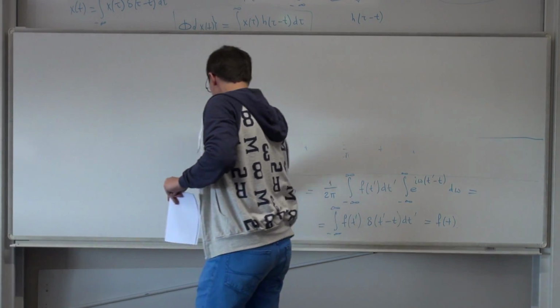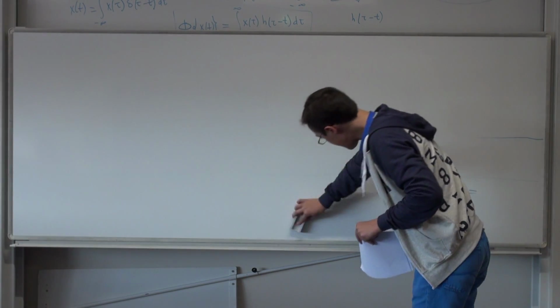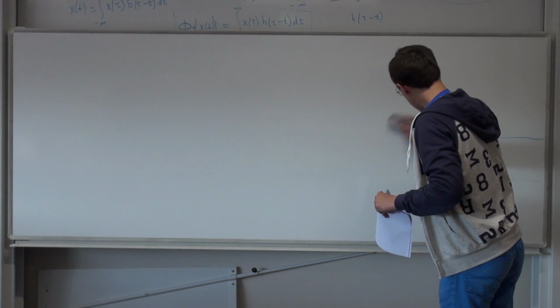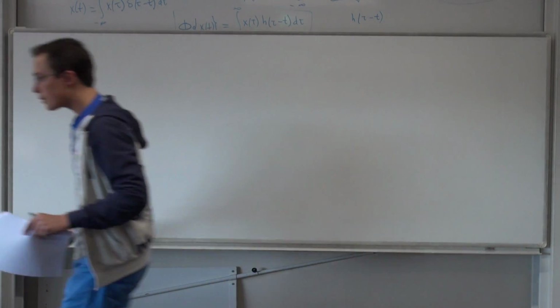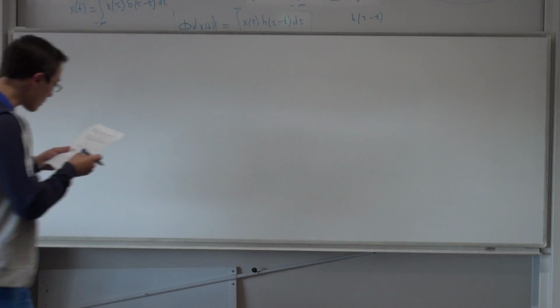Now, in your handout, the derivation is given in full generality for the kth derivative, and it relates it to the k minus 1th derivative, but really that's a bit too general even for the board. So I'll just derive the Fourier transform of the first derivative, and you can work by induction from there.